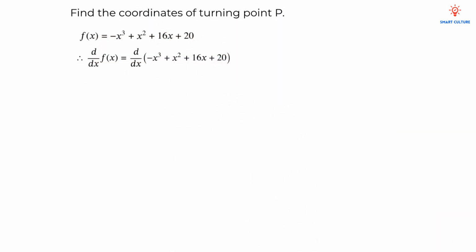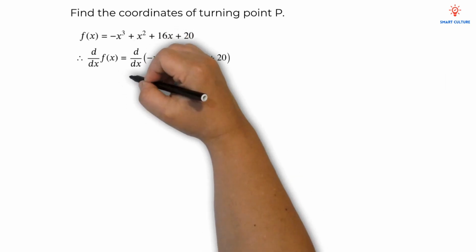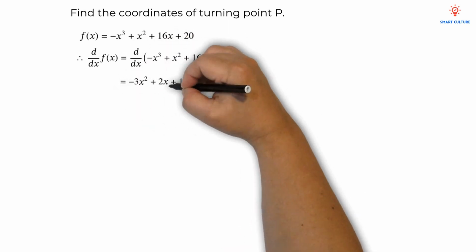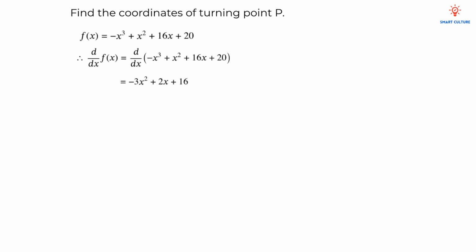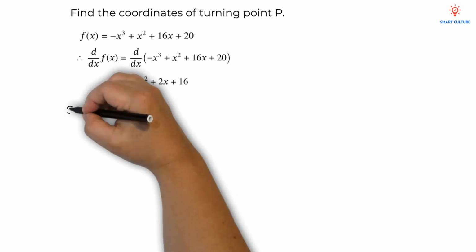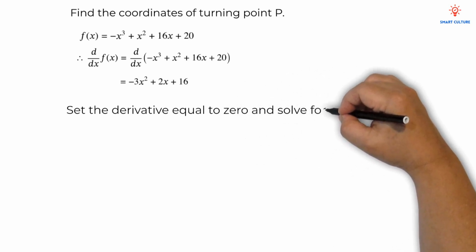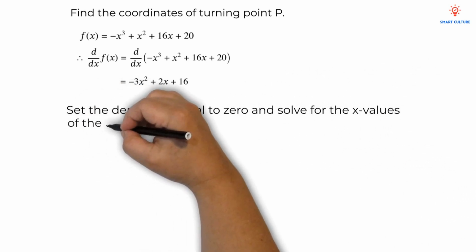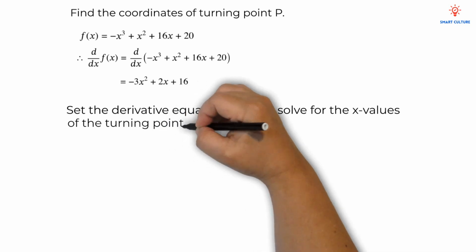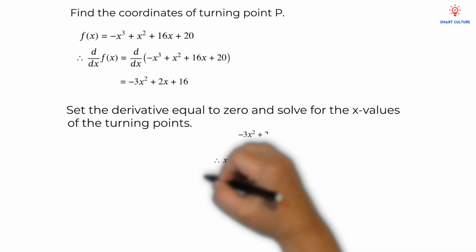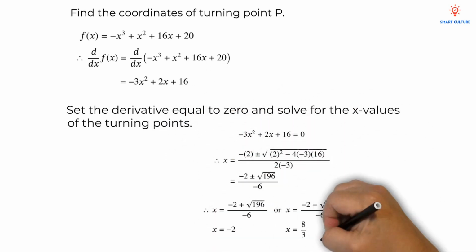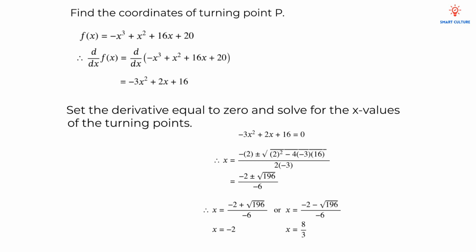So we can differentiate the function. It will be -3x² + 2x + 16. Now we can make this derivative equal to 0 and solve for the x values. In this case, we'll use the quadratic formula. As you can see, we get x = -2 and x = 8/3.